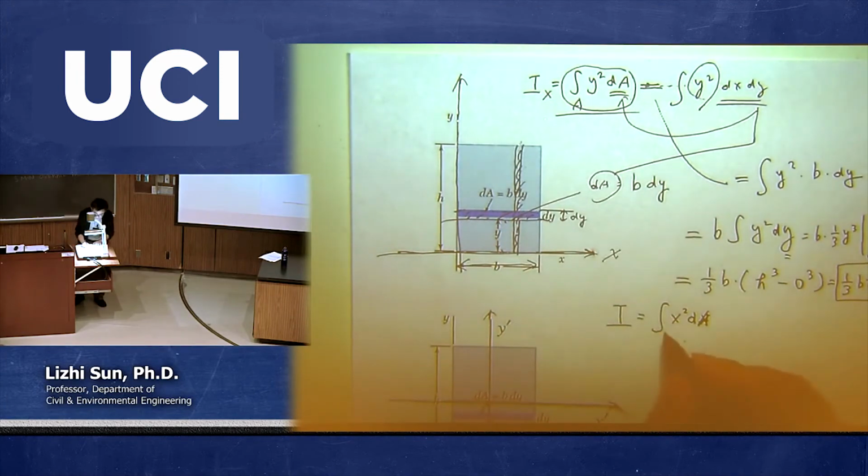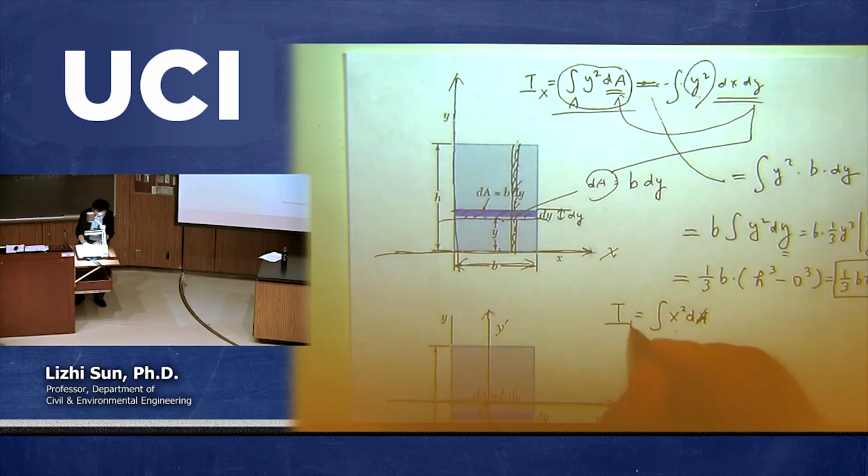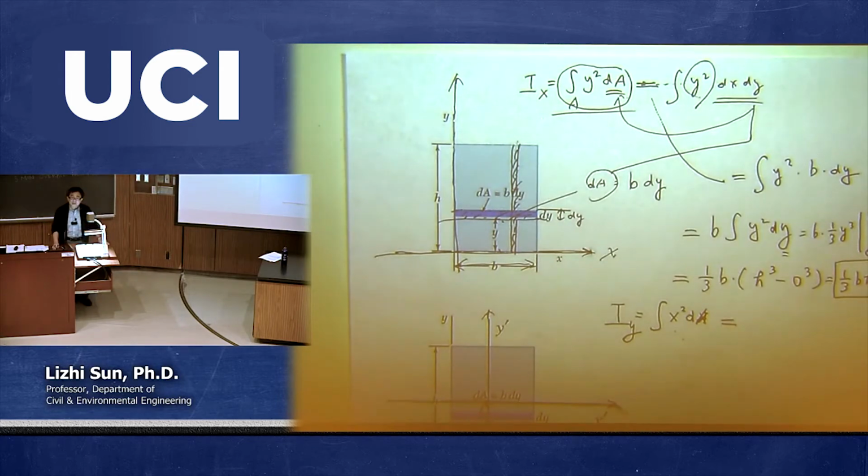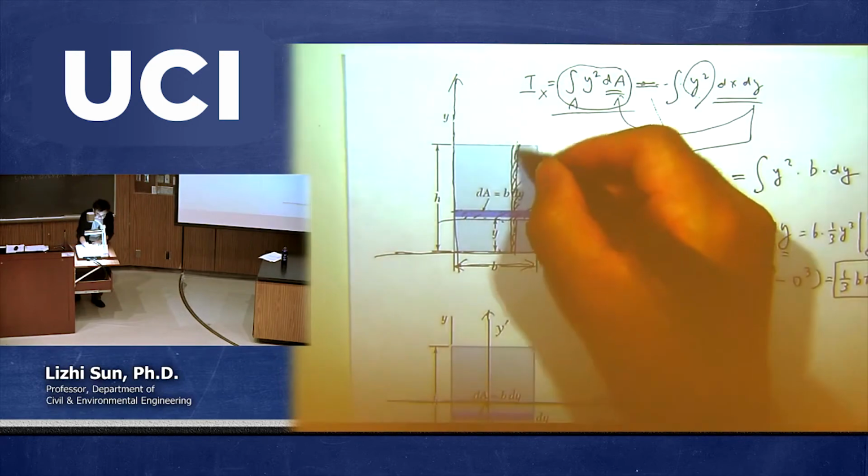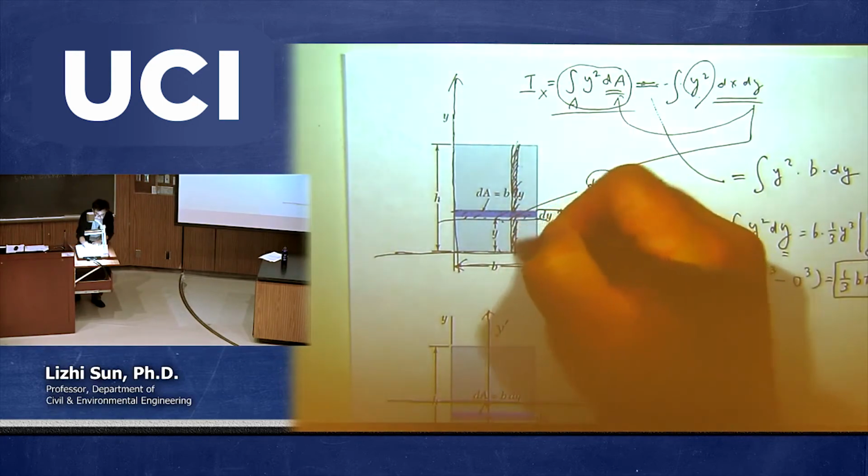And then the x squared dA integration is called the moment of inertia with respect to the y-axis. So when we talk about moment of inertia, we are talking about two kinds. One is with respect to the x-axis, called Ix, and one is with respect to the y-axis, called Iy.